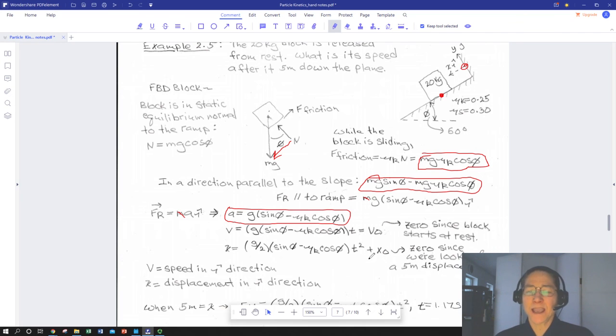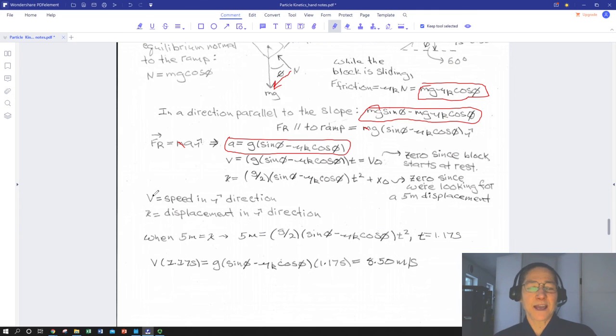Now, I could say x0 and then say the 5 meters is x0 minus x at any time, which might be better if I'm going to move twice maybe. But I'm going to call that initial position x sub 0, 0, because I'm going to look at the time at which x, which I'm going to define as displacement, is 5 meters. That's a little bit simpler.